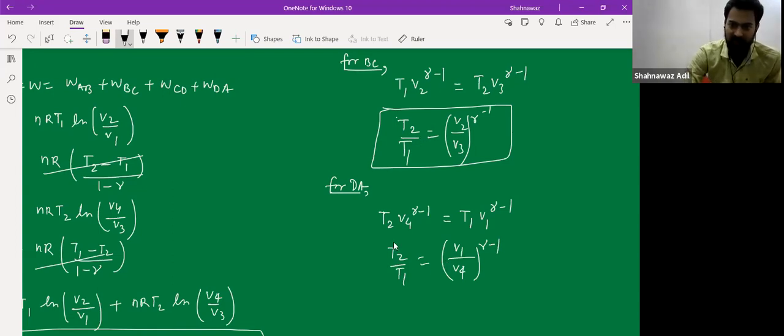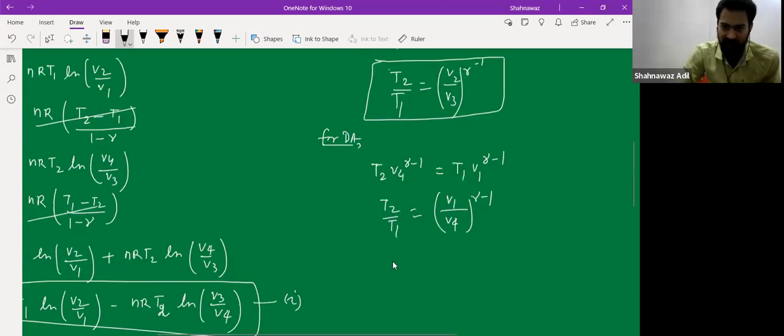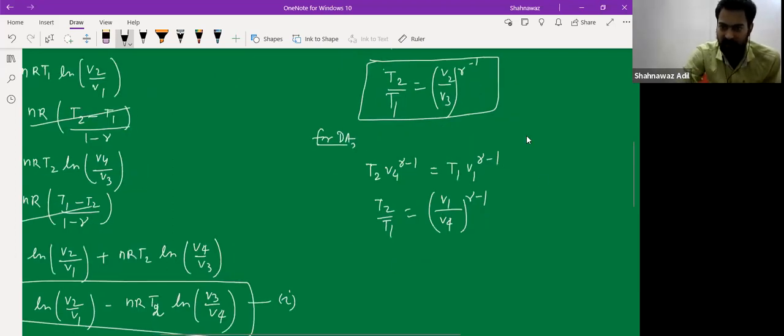So these are equal, so your V2 by V3. By looking into this and this, you can say that your V2 by V3 would be equal to V1 by V4, right? So your V2 by V1 is V3 by V4.